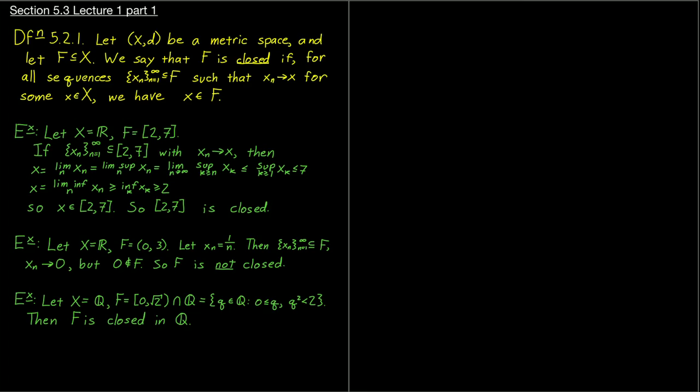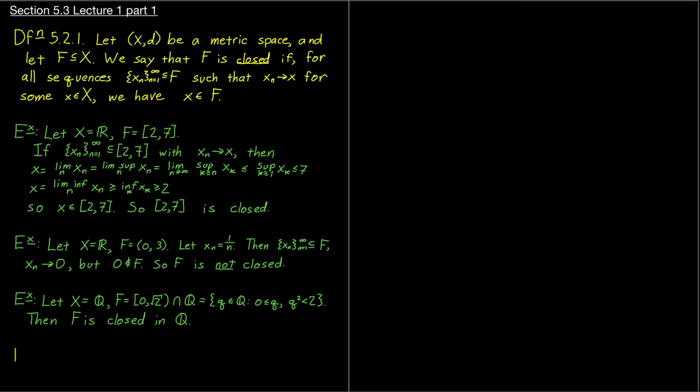But if you think of it as a set of rational numbers, it is closed. So certainly you're going to have some sequences of points that are converging in the reals to the square root of 2, but they aren't converging to the square root of 2 in the rationals because the square root of 2 isn't in the rationals. So this counts as a closed set.